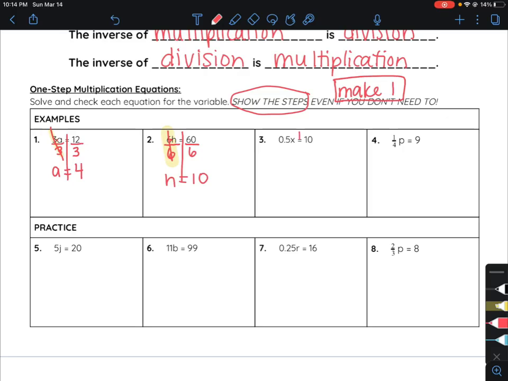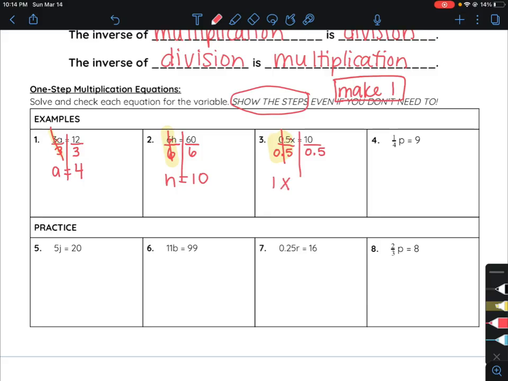Number 3, maybe not as obvious the answer on this one. Draw your line down. x is being multiplied by 0.5 or by a half. Do the exact same thing on both sides. We see multiplication, so we're going to divide, doing the inverse operation. Since we still have 0.5 over 0.5, it's still a 1.